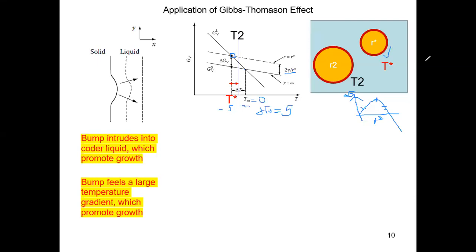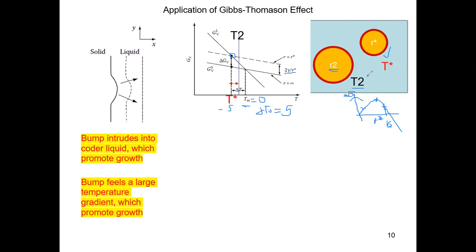If this is clear, let's look at another one, this R2. R2 is probably here, larger than R star, so we know from this free energy analysis it will grow. From the homework and the exam solution, we can also compute the melting temperature for this particle, T2.